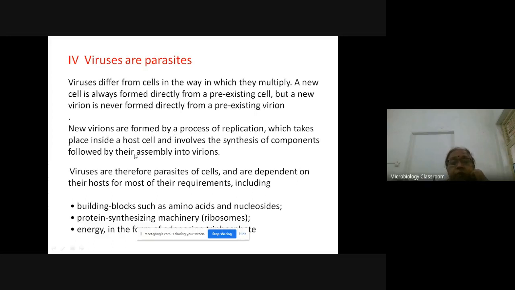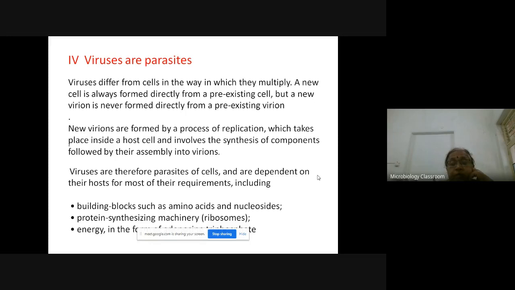So new virions are formed by a process of replication which takes place only inside the host cells, and this involves the synthesis of components followed by the assembly into the virions. Therefore, we say that the viruses are parasites and they are dependent only and only on the host for most of their requirements.